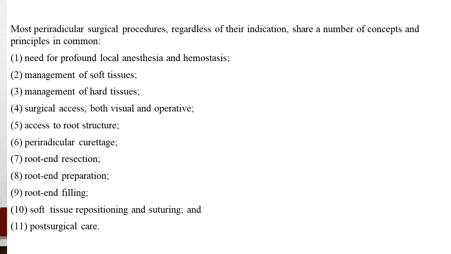GIC, because we are not able to achieve a moisture free area, has also been discarded. So now we have come to MTA and biodentine. These are much better root end filling materials. Soft tissue repositioning and suturing, of course, has to be done, and of course, post-surgical care. So we have to counsel the patient, and we have to prescribe the analgesics and antibiotics so that the patient can recover.